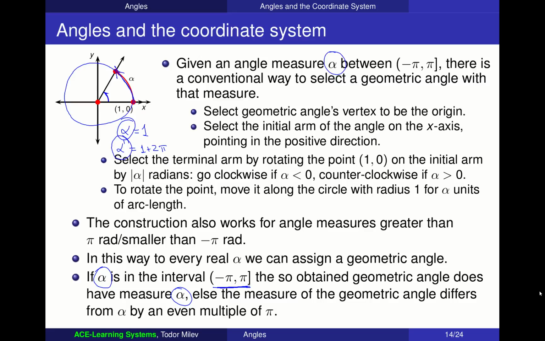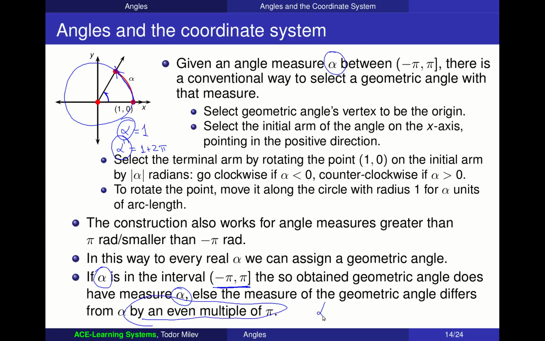So if you wish, the assignment from an angle measure to a geometric angle is not one-to-one. It is possible to have two different angle measures which result in the same geometric angle. How is that possible? Well, just take one angle measure and add 2 pi units to it. Whatever you do, however, the only way for you to have the same geometric angle obtained by two different angle measures is to have those two angle measures differ by a multiple of 2 pi, so by an even multiple of pi.